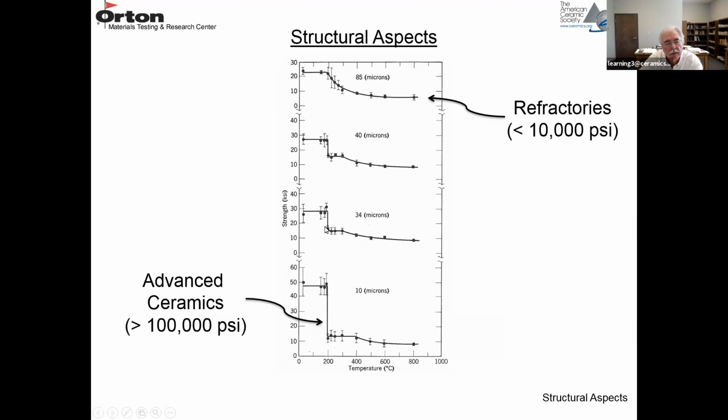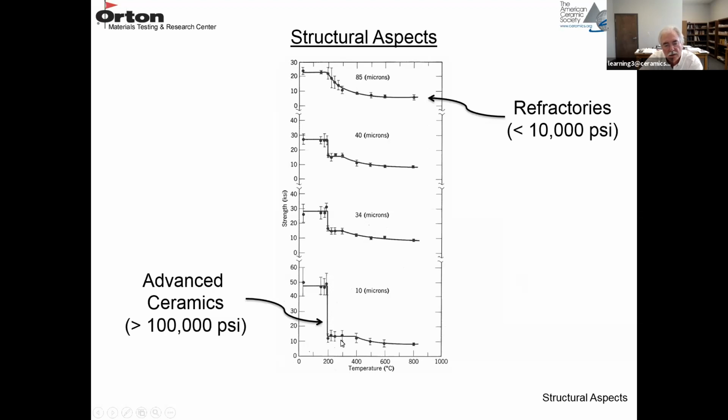As you go up in grain size, this vertical drop in strength keeps decreasing. And finally, at this point, you don't see that rapid drop in strength anymore. You just have a gradual strength loss. So this is how you want to design a refractory. You want to avoid any type of catastrophic loss in strength and just have a gradual strength loss.